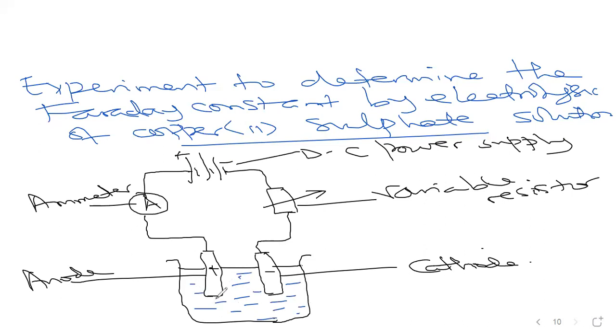What's the theory behind this electrolysis? We electrolyze copper 2 sulfate solution. In copper 2 sulfate solution, we have copper 2 ions and sulfate ions. We also have hydrogen ions and hydroxide ions.